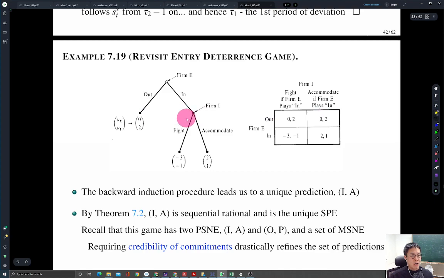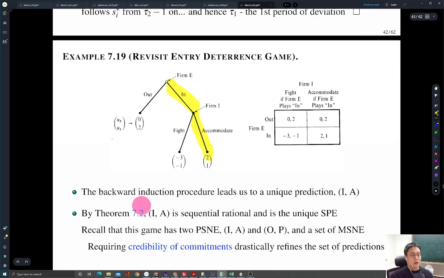So applying backward induction, at this node where the incumbent, player 2, makes a decision, accommodating is the unique best response. And now the entrant's decision between out and in: in gives a payoff of 2, out gives a payoff of 0. So in is going to be the unique best response. We obtain the unique path surviving the backward induction procedure.